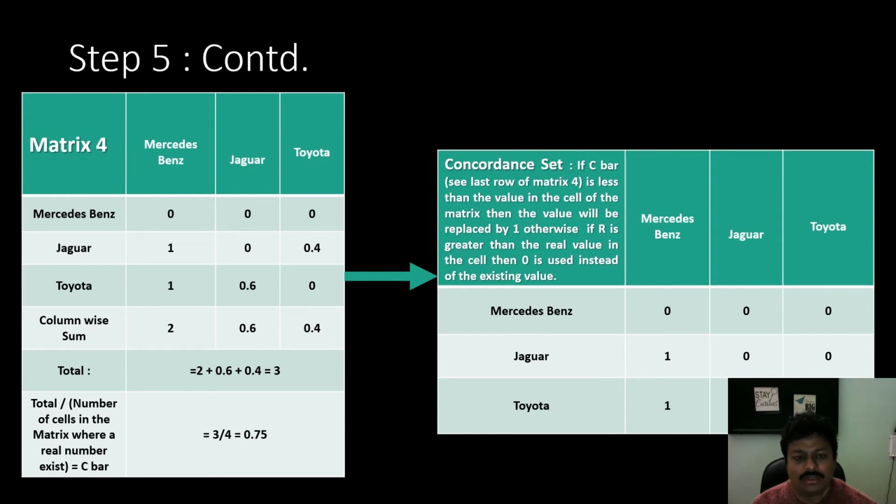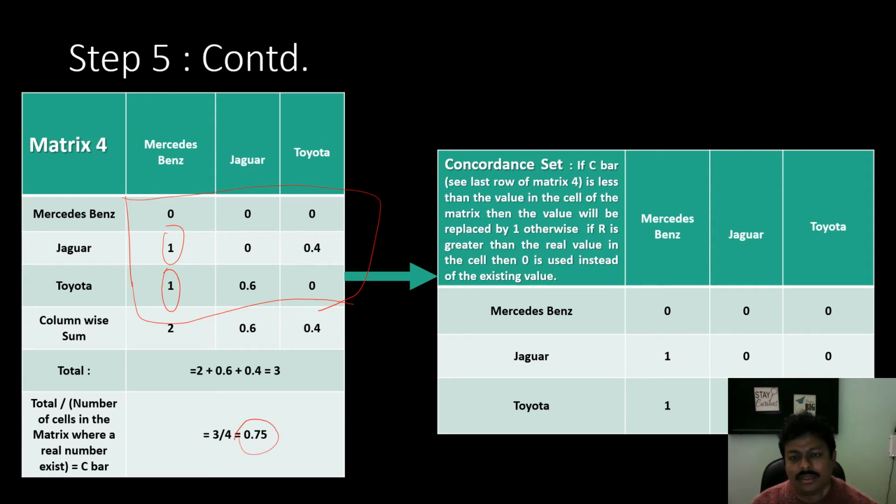So here, as you can see, except this one, all values in this matrix are less than 0.75.